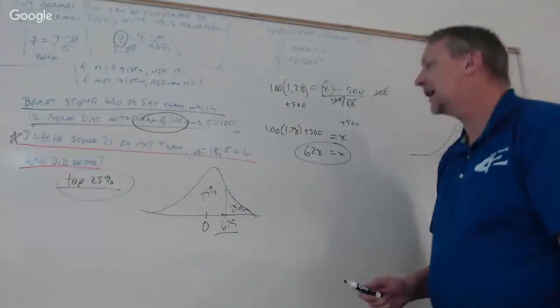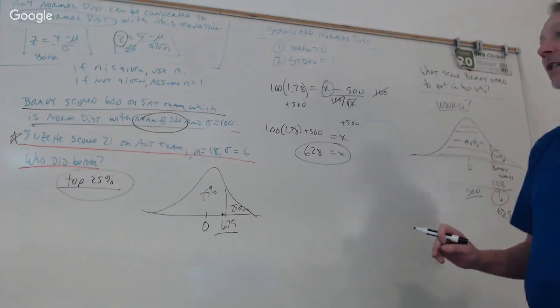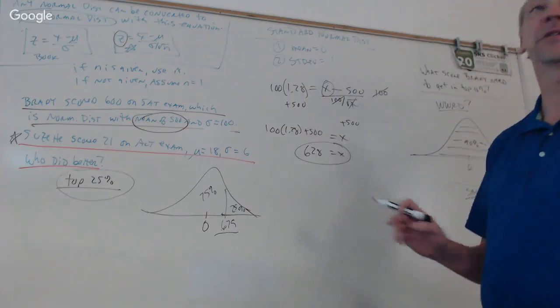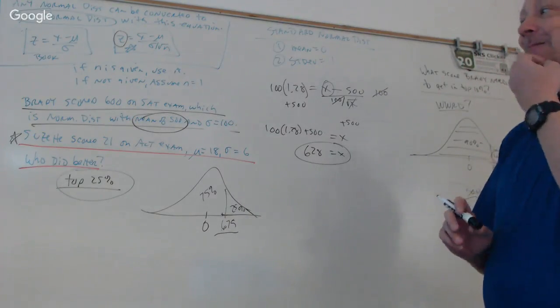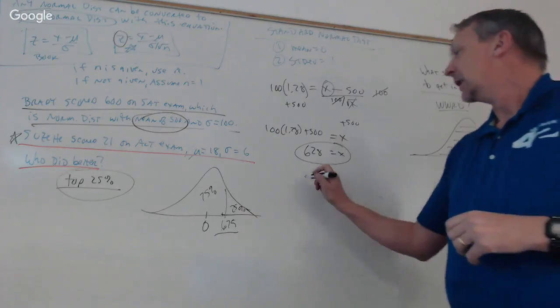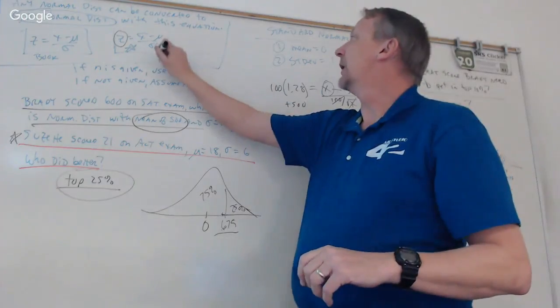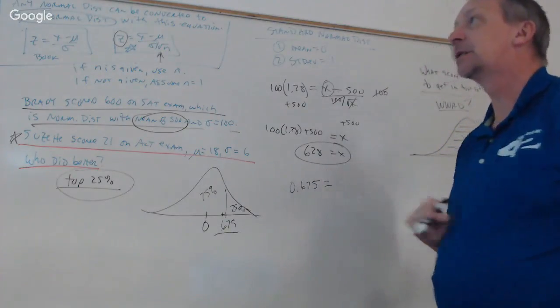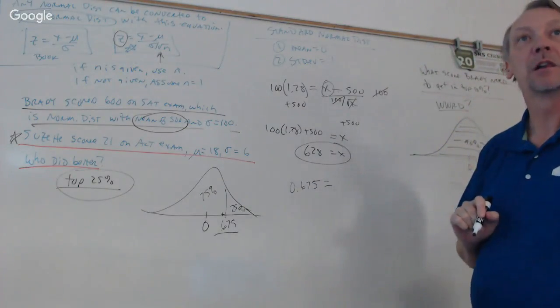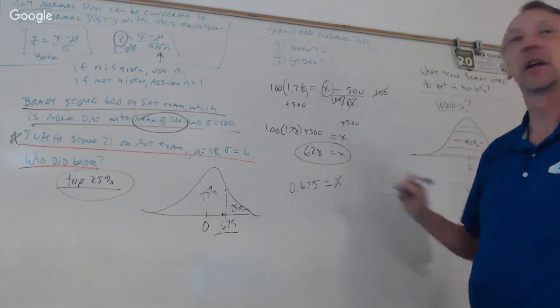So in this case, what is the equation that we need to figure out how Suzette scores in the top 25%? It's going to be 0.675 equals. We're going to use this same equation here, right? 0.675 equals, we don't know the x.